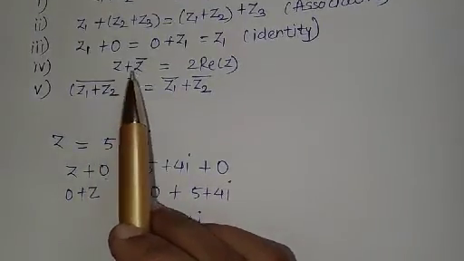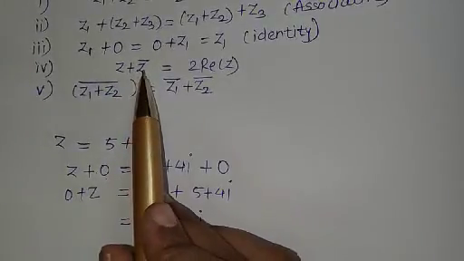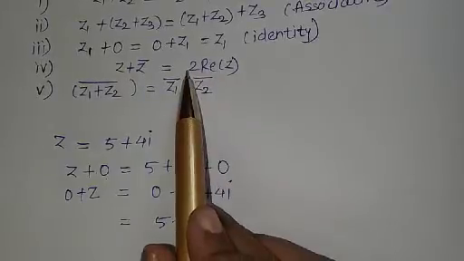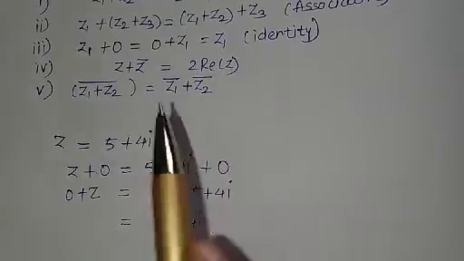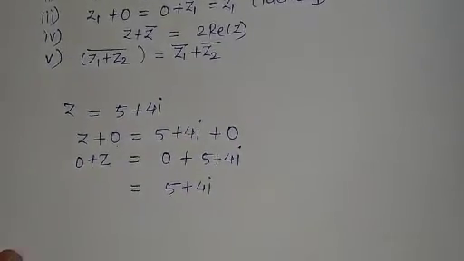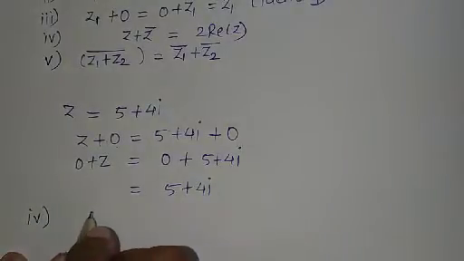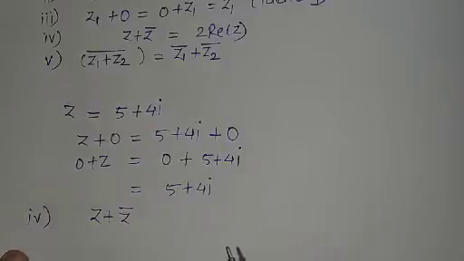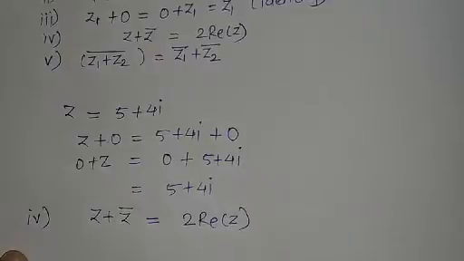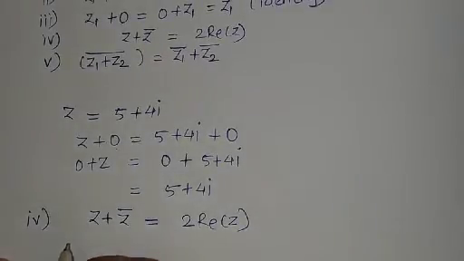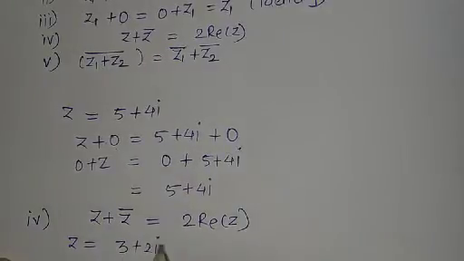So the fourth property is addition of a complex number and conjugate of that complex number is nothing but 2 into real part of Z. That is, for the fourth property, we have Z plus Z conjugate is equal to 2 into real part of Z. So consider Z is equal to 3 plus 2i.